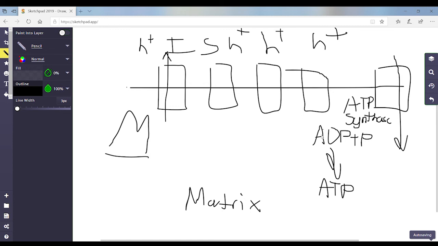So for those of you who don't know, ADP is basically the form of ATP without any energy. So it basically doesn't have any energy. And then it is converted into ATP with the help of this protein. And ATP does hold energy. ADP does not. So now you have this molecule that the cell can use.